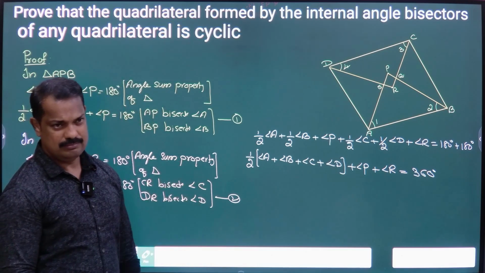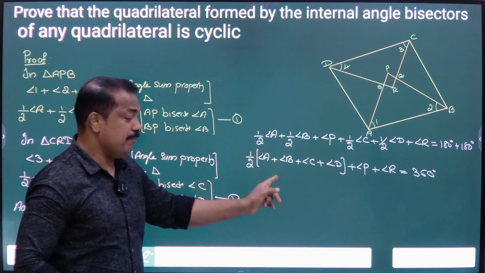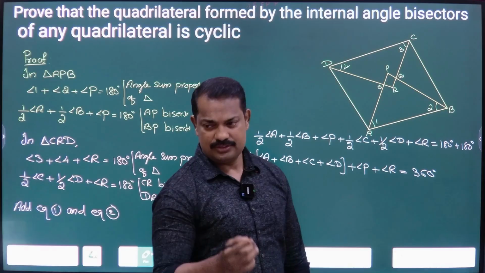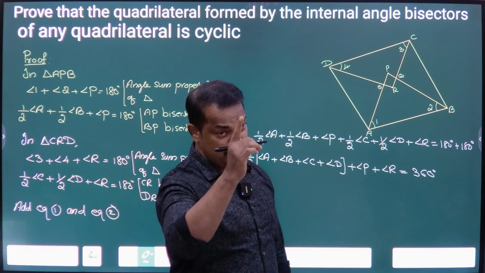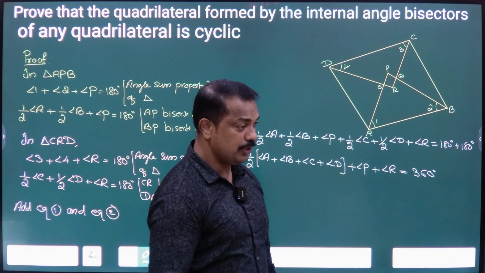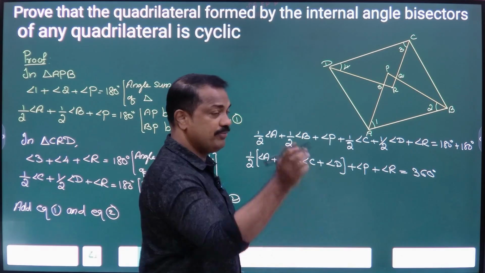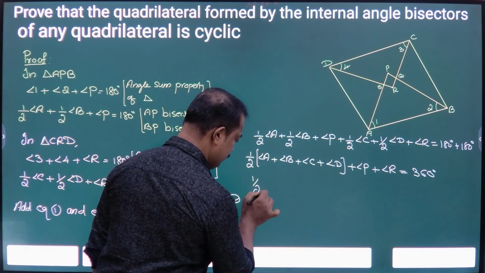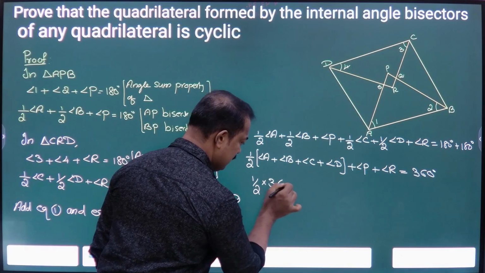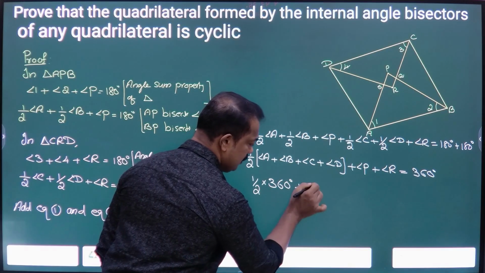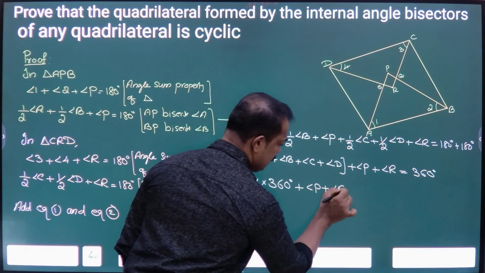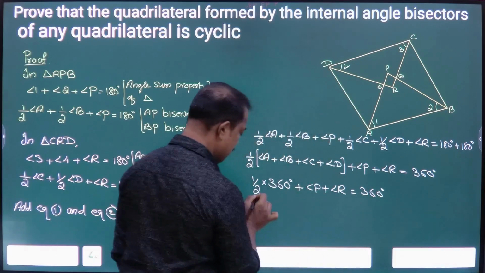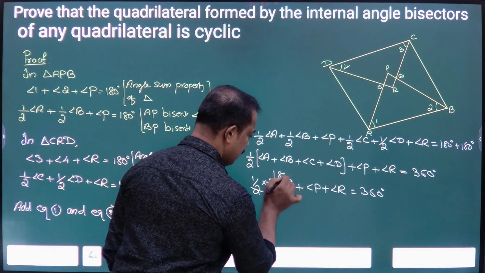क्लियर? अब चेक करो ध्यान से, angle A plus angle B plus angle C plus angle D is 360 degrees. Angle sum property of a quadrilateral: in a quadrilateral, the sum of all the angles is equal to 360 degrees. The half into 360 plus angle P plus angle R is equal to 360. 2 cancel.